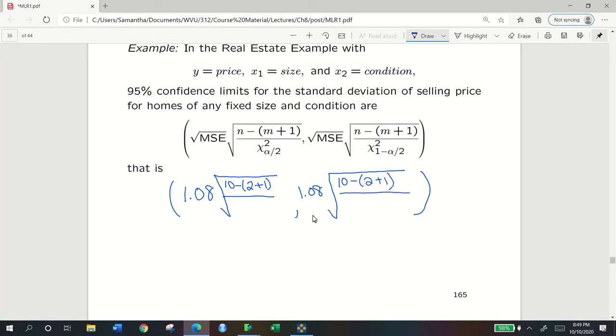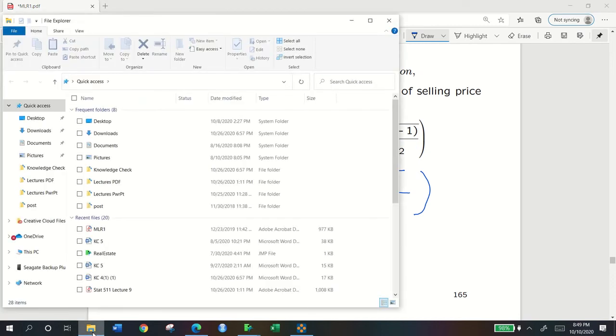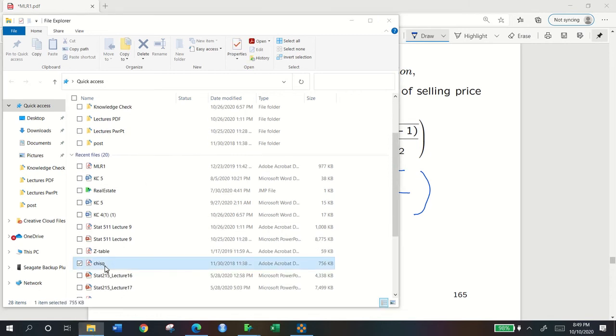And so now what is up to us is to look up our chi-squared critical values. So I'm going to pull up the chi-squared table.